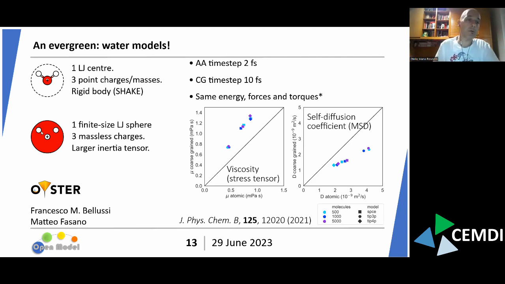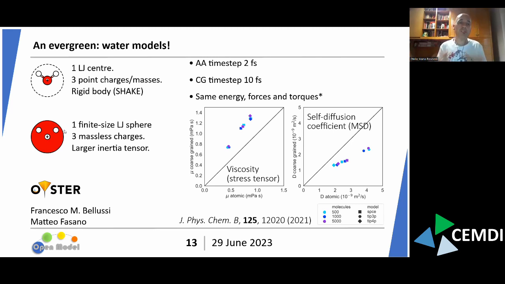And also the torques are a bit different because in the atomistic model, the forces act on the center of mass, which is slightly offset. So it's this white dot in the center of the molecule, while in the coarse grain model, the forces of, let's say, these 2 hydrogen charges act on the geometrical center of the system. So there's a slightly different torque.